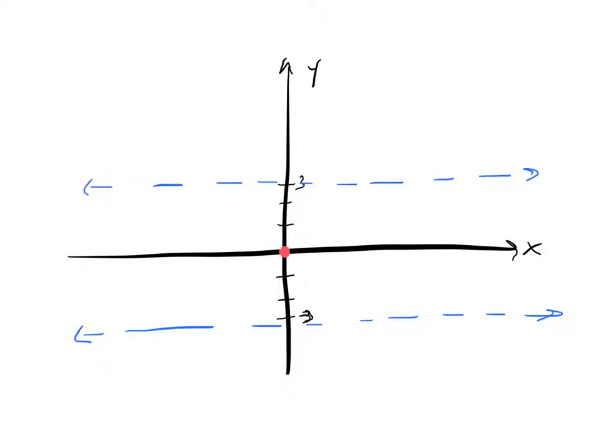Our function is always decreasing, but we go from concave down to concave up at x equals 0. So always decreasing, so decreasing concave down, decreasing concave up. And there is our graph of f.